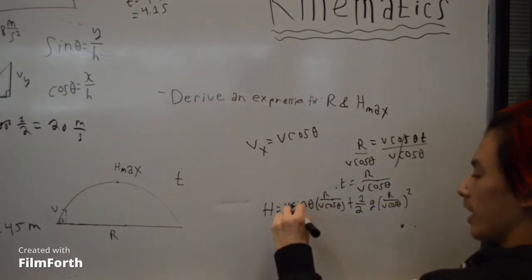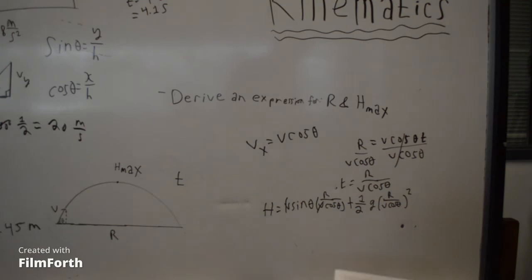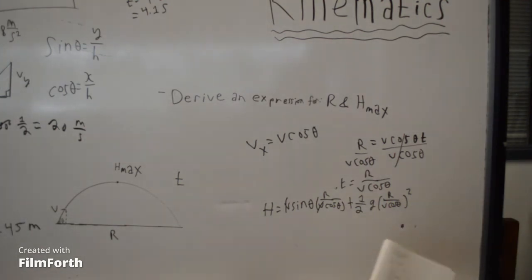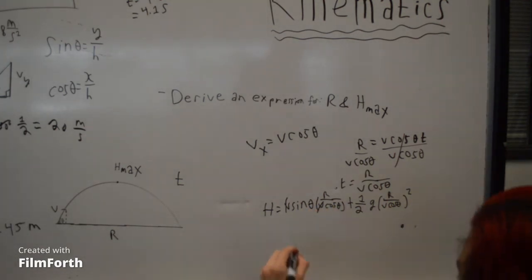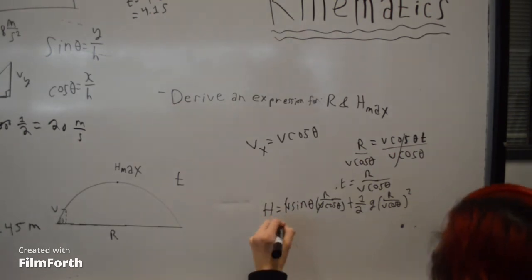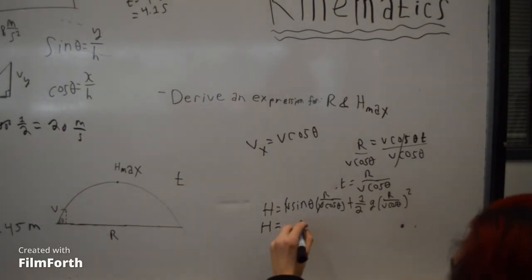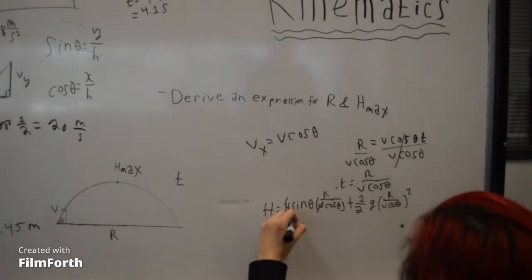And notice here how the v's cancel out and you get sine theta over cos theta. The trigonometric identity for sine theta divided by cos theta is tangent theta. You will need to know this for physics, higher level physics, and some further trigonometric identities, but we'll talk about those in a future time.